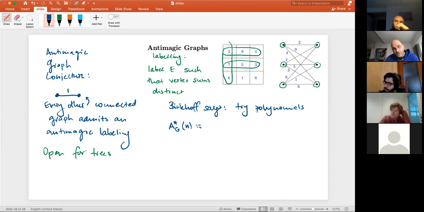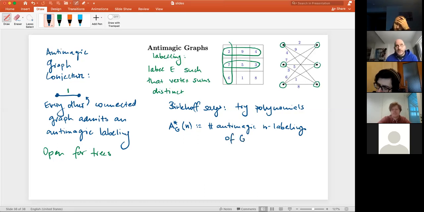And what I want to count is the number of anti-magic labelings, and I'll tell you in a moment what I mean by that. So, an anti-magic n-labeling of the graph.